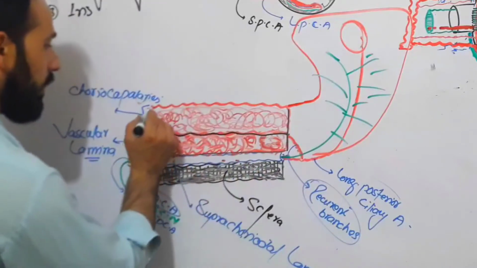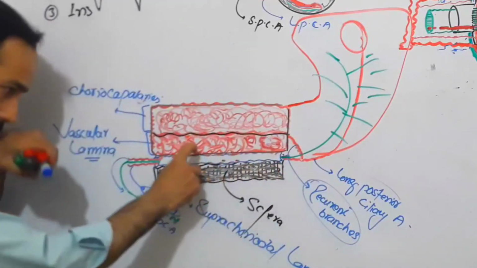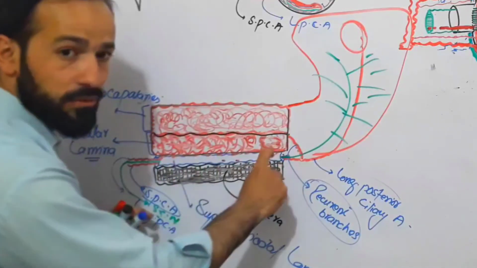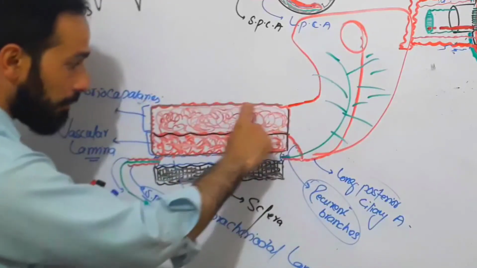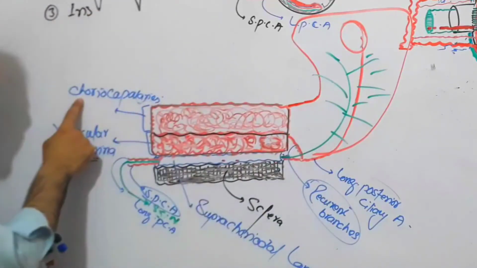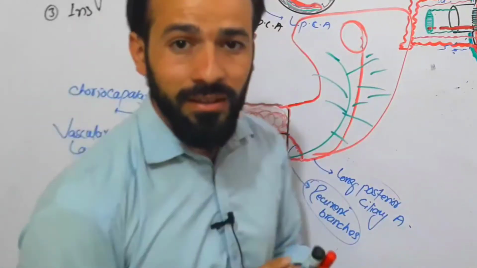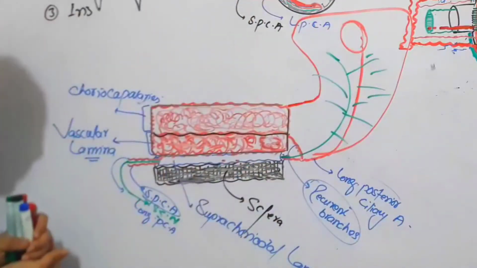As you can see here, if I draw it. The first layer, the lower layer towards the sclera, is the vascular lamina, right? It contains lots of blood vessels. And then there is the capillary layer, which is called your choriocapillaris. So this is the second layer, which is towards the retina, right?